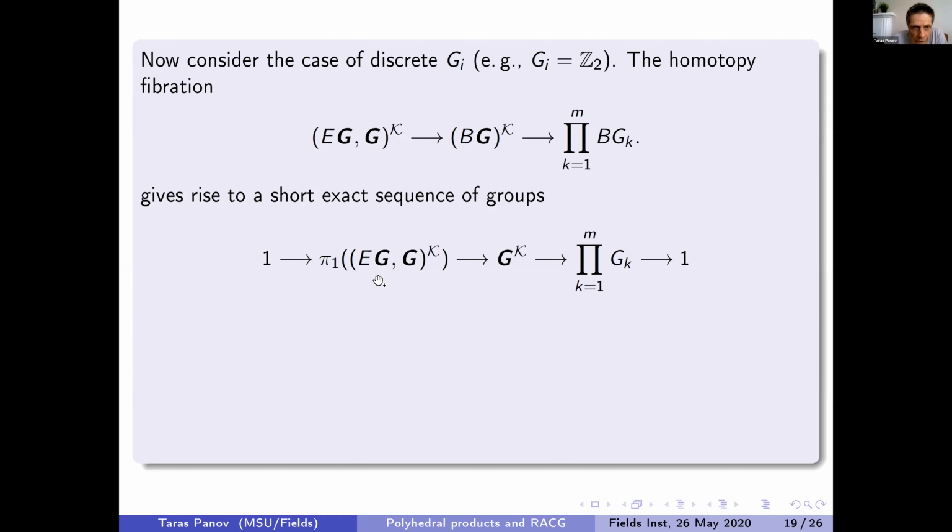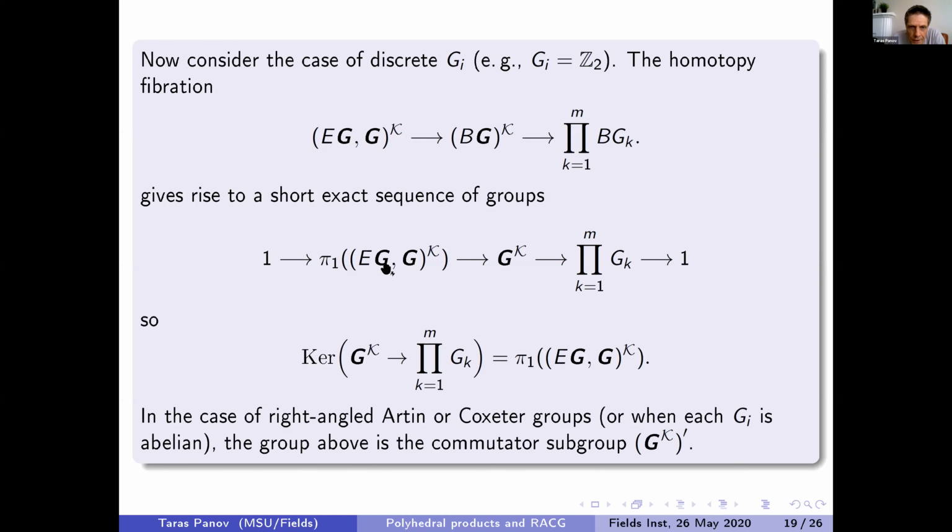But let's look at the fundamental groups first. You have this short exact sequence of groups, which tells you that the fundamental group of this polyhedral product is a Cartesian subgroup inside this graph product. In the case of right-angled Artin or Coxeter groups, you just get the commutator subgroup. So this group is a commutator subgroup of this graph product. That's how I denote the commutator subgroup, by prime or dash.